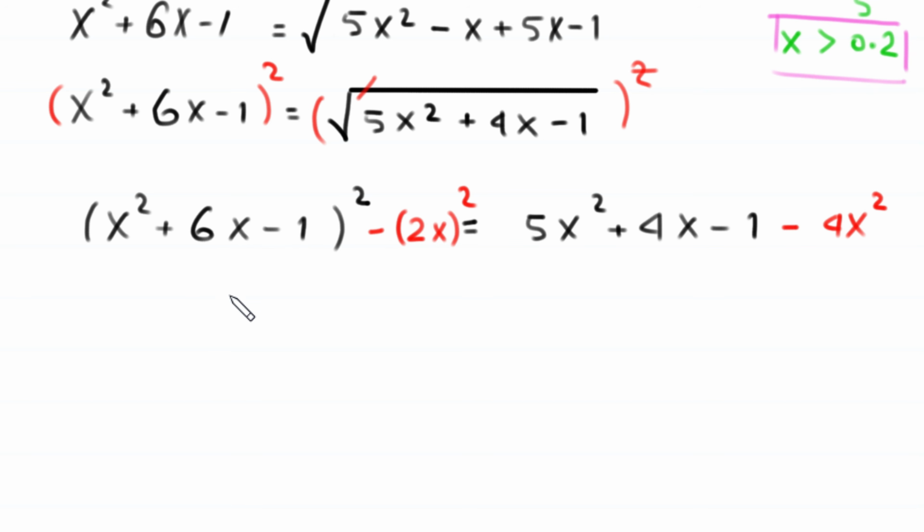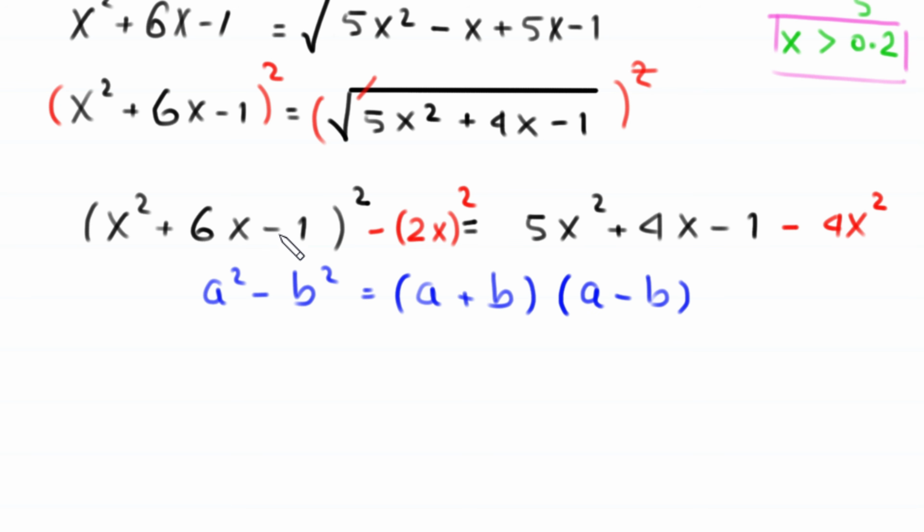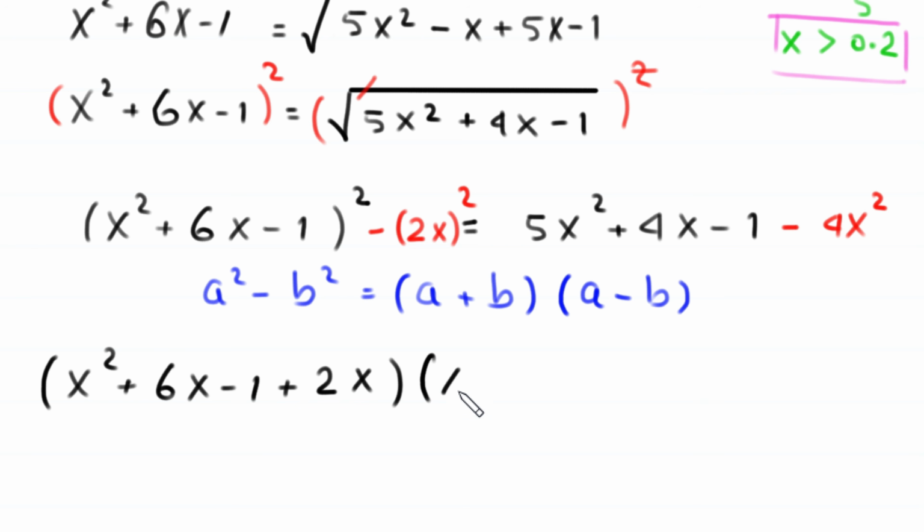So by using this algebraic identity, a squared minus b squared equals (a plus b) times (a minus b), this left hand side will become (x squared plus 6x minus 1 plus 2x) times (x squared plus 6x minus 1 minus 2x).